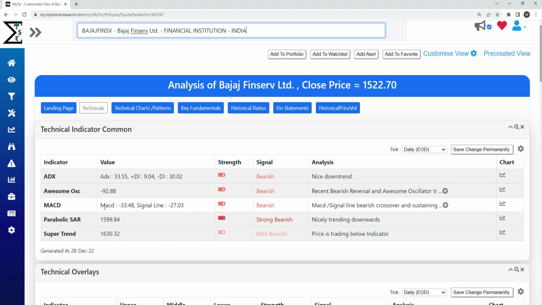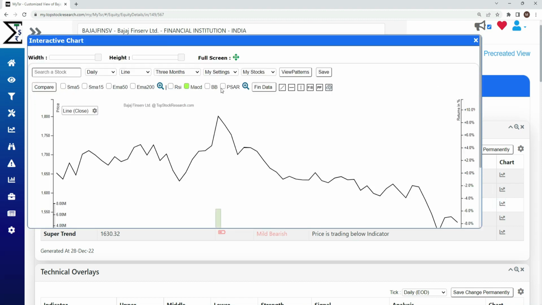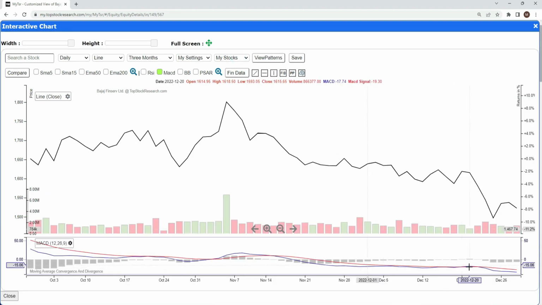So MACD is here. You have the MACD value here and the signal line value, and it says that it is bearish. Why it is bearish is that it is a bearish crossover, and that level is still sustaining. So let's look at the chart with MACD. You'll see that there's a bearish signal, and the difference between the two lines, the signal line and the MACD line, is widening.